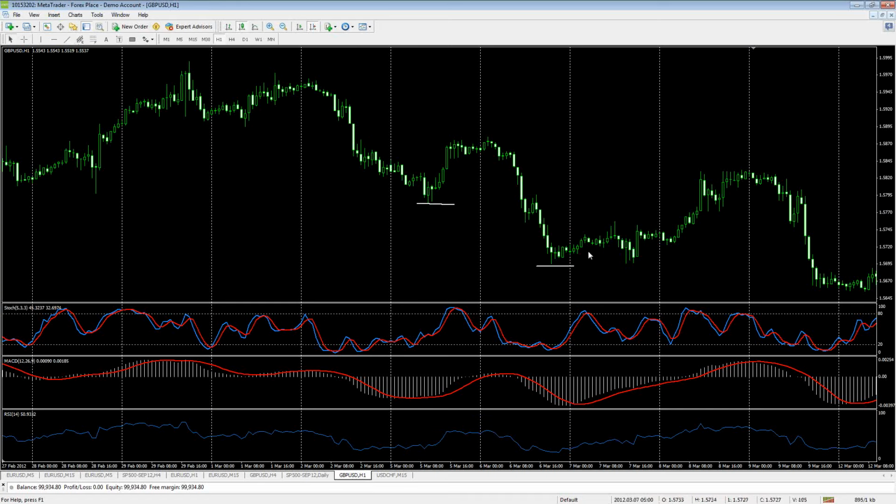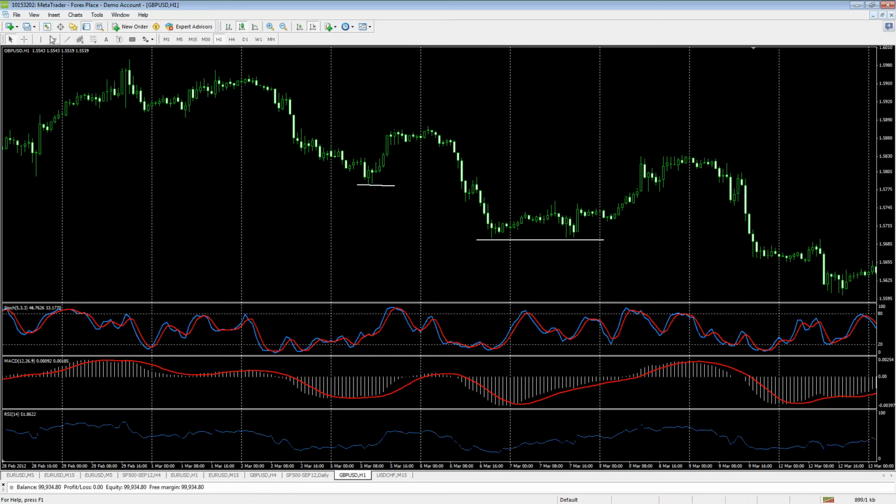Okay, and on the lower low we have a double bottom. Okay, and this double bottom here gives you a strong divergence. You can see it on the MACD, you can see it on the stochastic, you can even see it on the RSI.